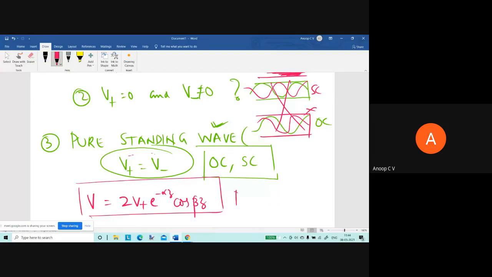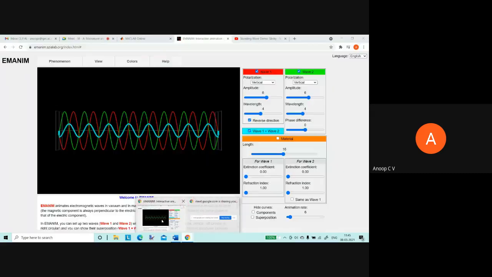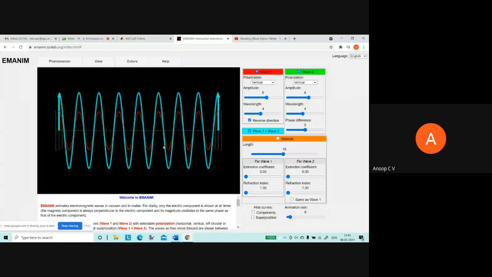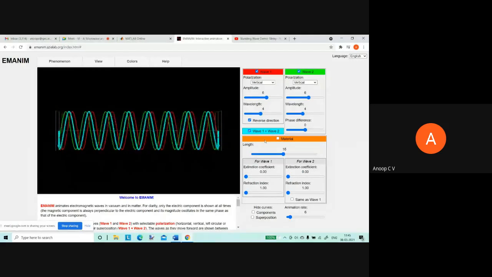This is called a pure standing wave. This will be true even if I introduce some attenuation constant alpha. Even then it will be a pure standing wave. We'll see that.